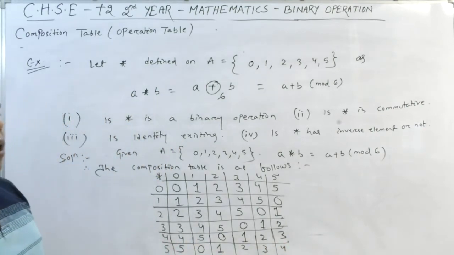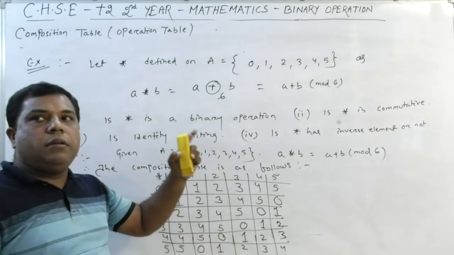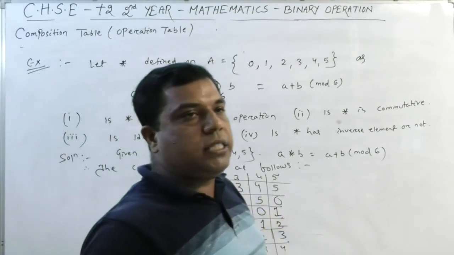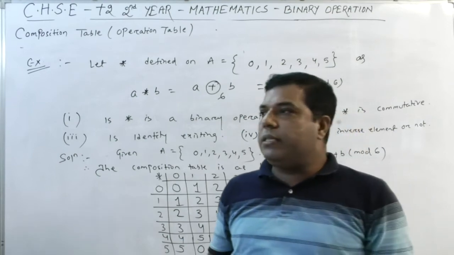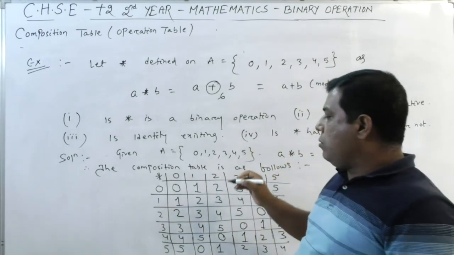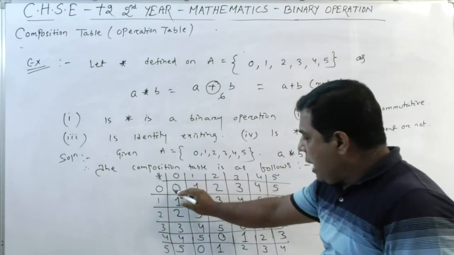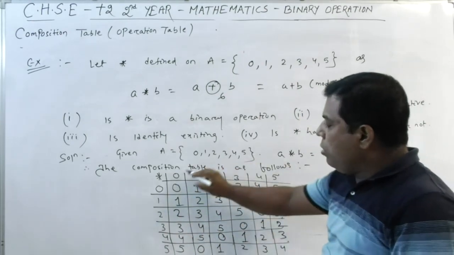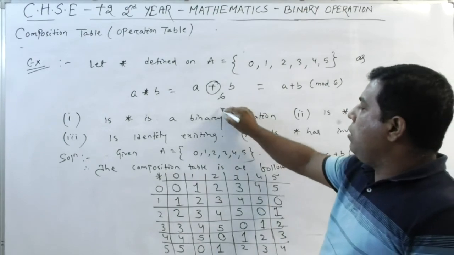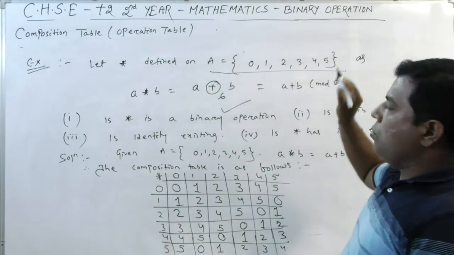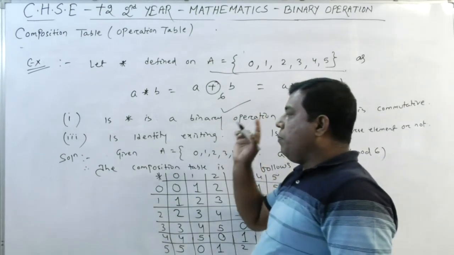Okay. Now we have to check all the things, as we are suggesting that binary operation is helpful to check out all the things, whether an operation is binary or not. You see, after the processing, all the elements belong to the same set A. Yes or no? So it is the binary operation.